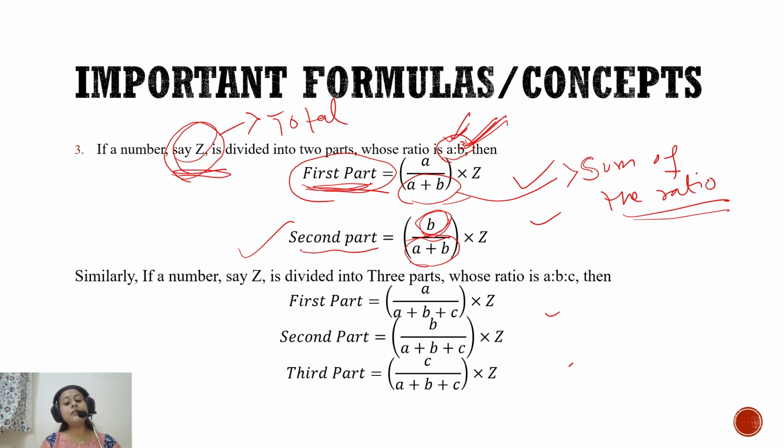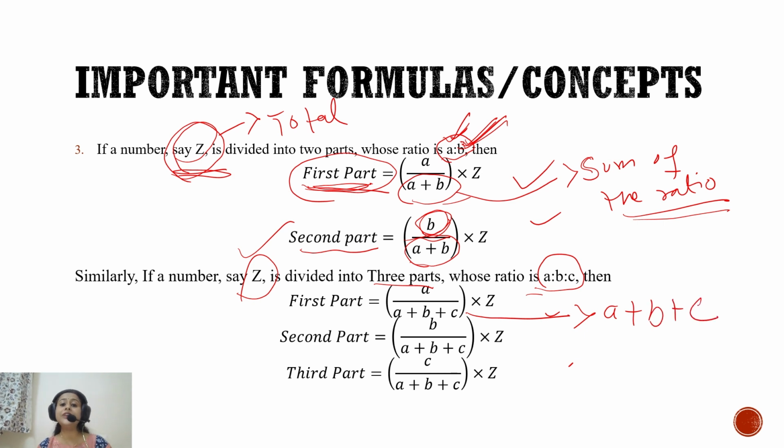A number Z can also be divided into 3 parts, 4 parts, and the ratio can be given like this, A is to B is to C. The same formula will be applicable, and here the sum of the ratio will be A plus B plus C, since there are 3 terms.